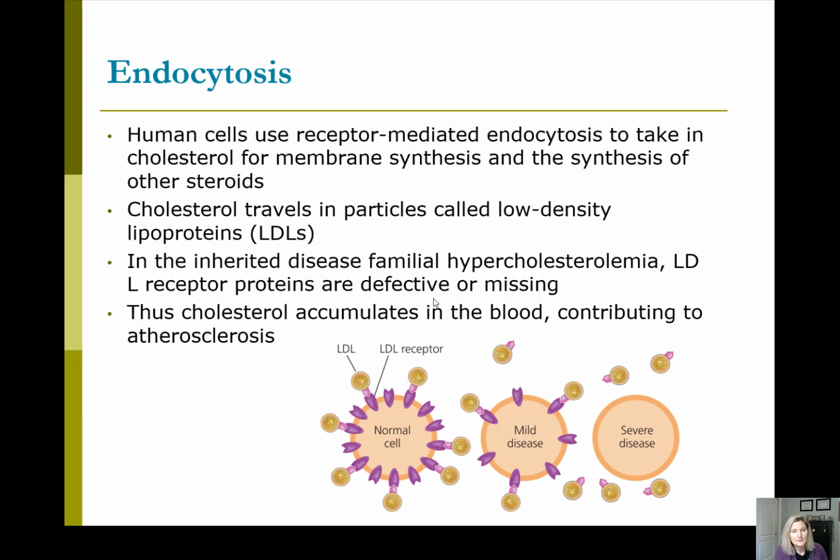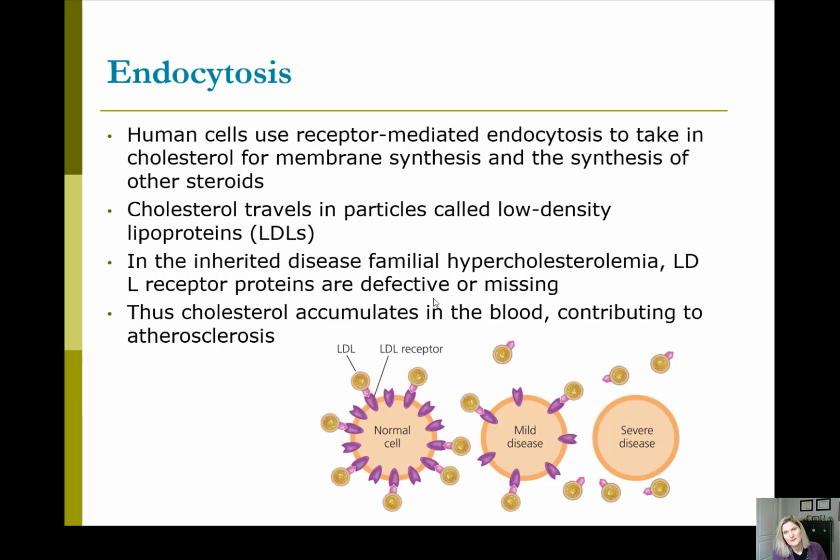In this particular disease, the cells are missing a certain receptor site on the plasma membrane. It's called the LDL receptor site. This receptor site basically allows cholesterol to bind to it, or what we call the low density lipoproteins. Okay, so the LDLs.